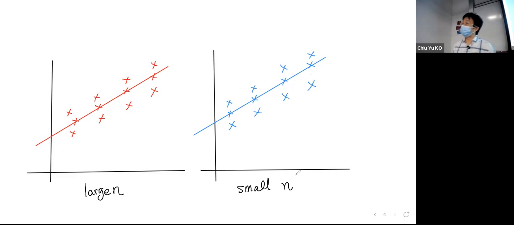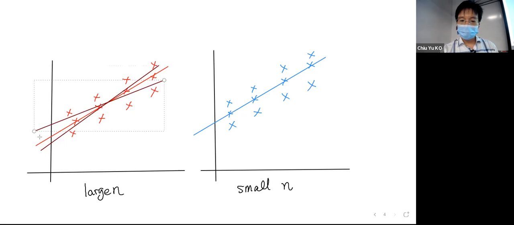So suppose the case I have large n means that I collect many data points when we do regression. In that case, maybe I pick up 6 points here, right? And it turns out it's more likely that it will be more centered, right? Because I pick more points.